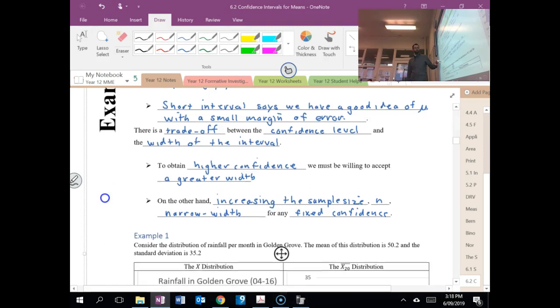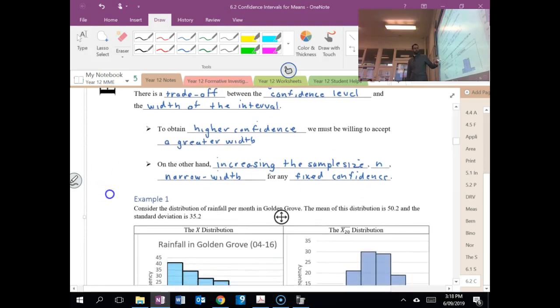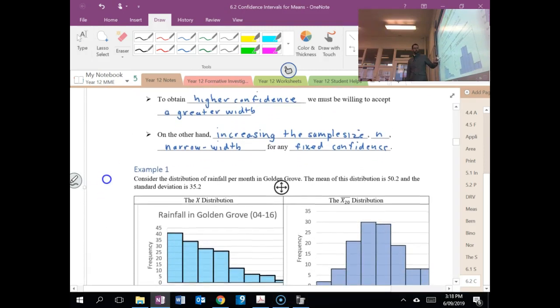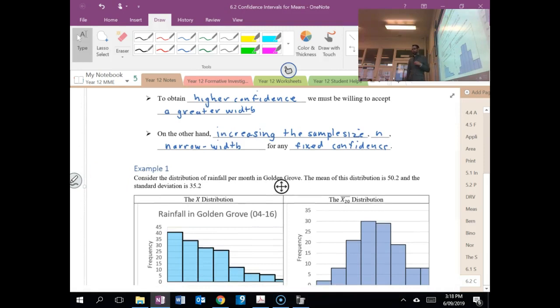Okay. So let's go back to our distribution of rainfall per month in Golden Grove. That's what we had a look at when we started continuous random variables. I've got the population and I've worked out its mean and standard deviation. Its mean is 50.2 and its standard deviation is 35.2.